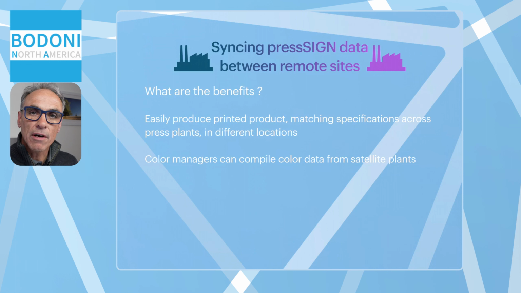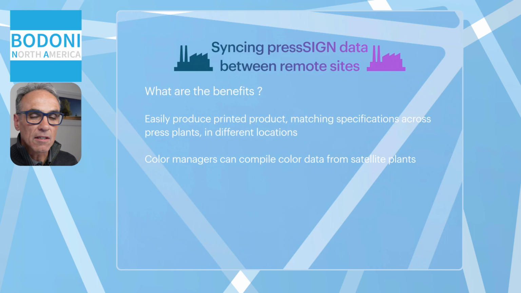continents. So the great thing about pressSIGN is if you are sharing pressSIGN data, there's no way that you can miscommunicate some of the things that are included in the data because they're hard baked into the things that you're going to be synchronizing and sharing across sites.